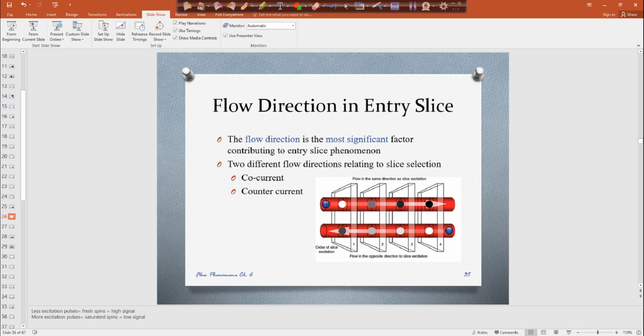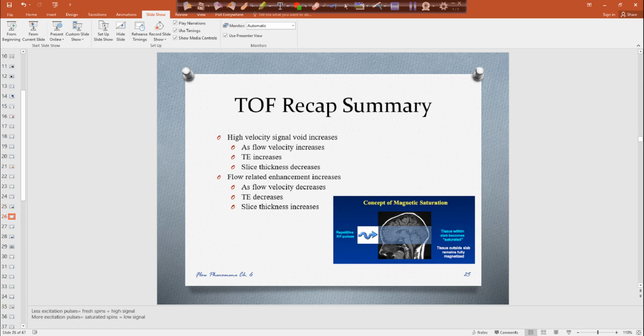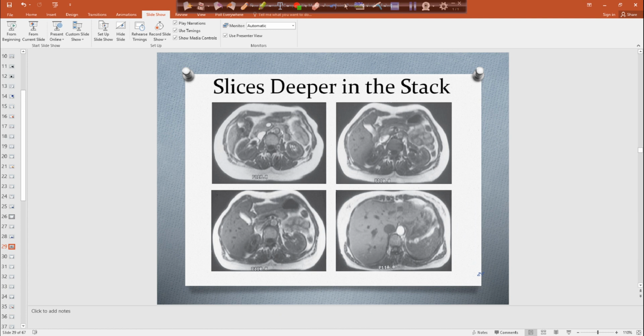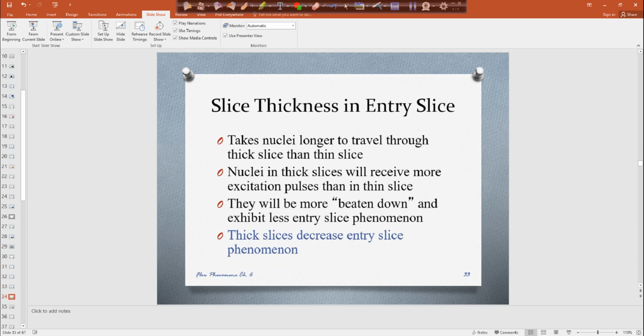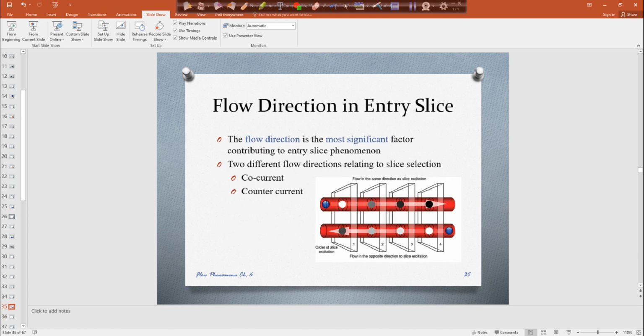So going back to that image I showed you earlier that showed the vessel starting to get darker as you go deeper into the stack, a great way to compensate for that is to be countercurrent with your slices. So for an abdominal aorta, you want your first slice to be a lot lower. So that will be the countercurrent, right? Countercurrent is a great way to increase signal, or increase our entry slice phenomena.